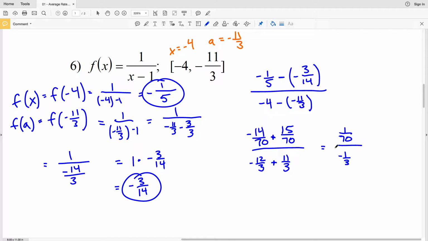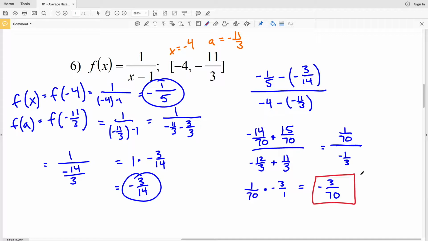So I'll have 1/70th over -1/3, which will be 1/70th times -3 over 1, which equals -3 over 70. So -3/70ths is my solution for the average rate of change in number 6, -3 over 70.